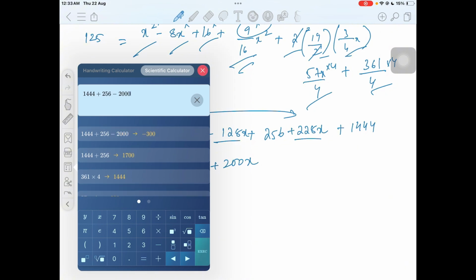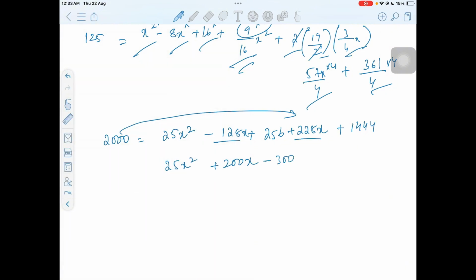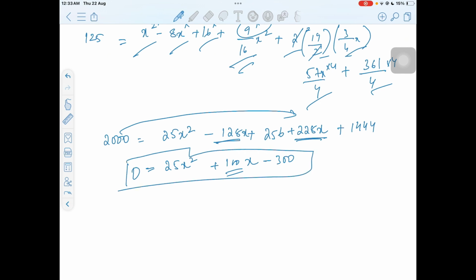So this would be negative 300, I guess. Yes. Right? Sorry. This would be 100. 228 minus 128, we get 100x. Right? So we get this equation.